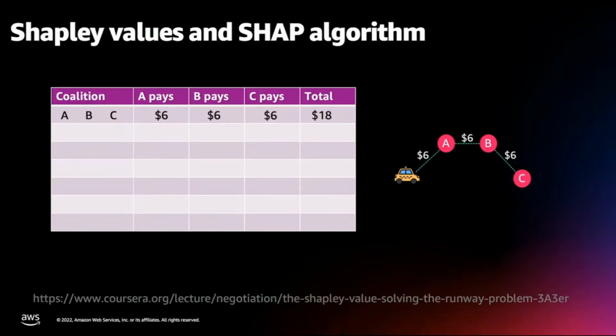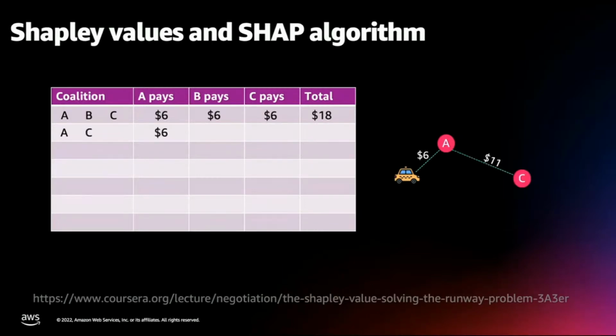But let's look at a different ordering. And pay attention, because things here become a little bit more complicated. So if Alice joins the empty coalition, again, it's the same as before. She commits to paying $6. But now let's say instead of Bob, it's Carol who joins the coalition.